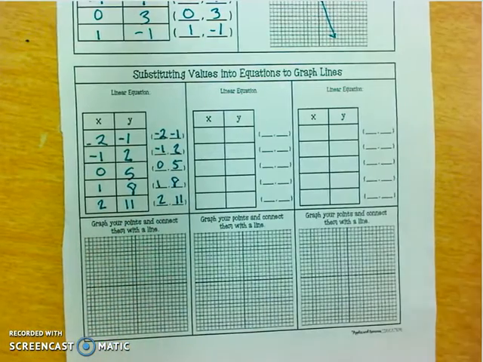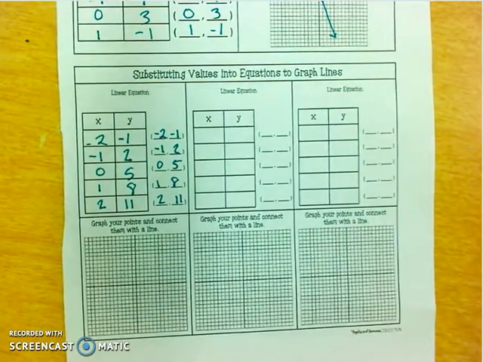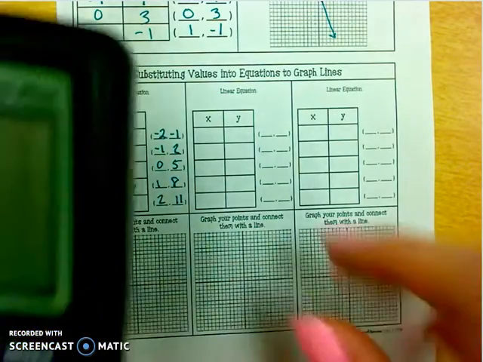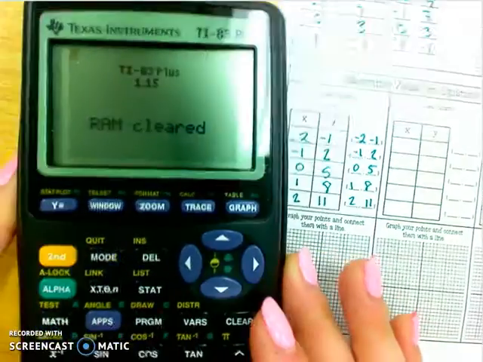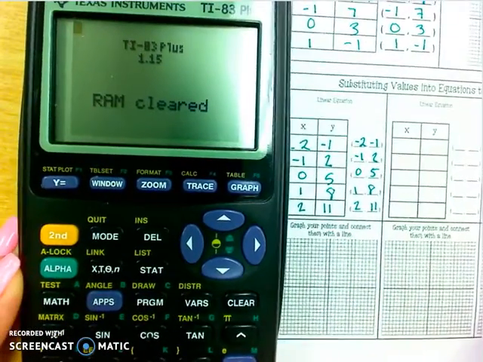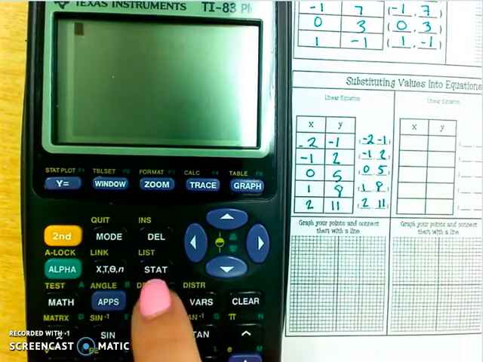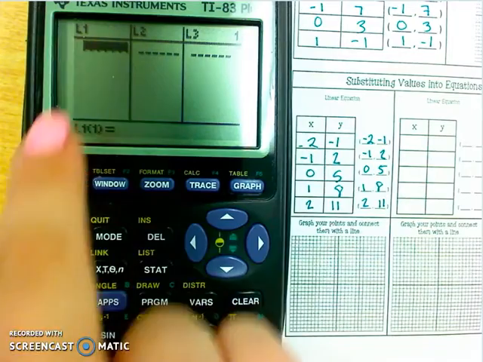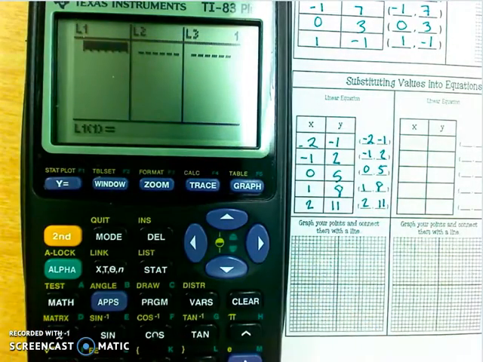Okay. In the calculator, what you're going to do, let me clear my memory. Okay. In the calculator, you are going to click on this stat button, and you're going to click enter because we want to edit. You should see L1 and L2.